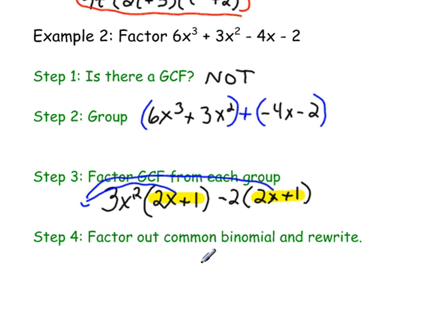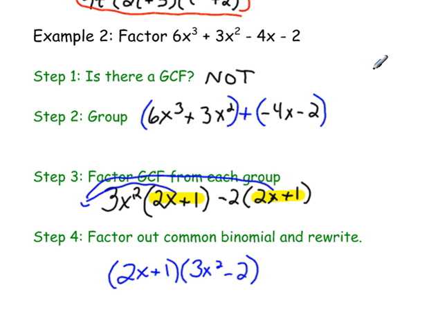I'm going to rewrite 2x plus 1 times what's left over, 3x squared minus 2.